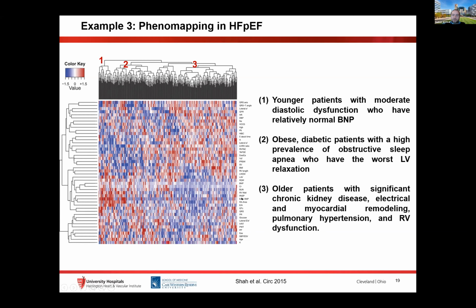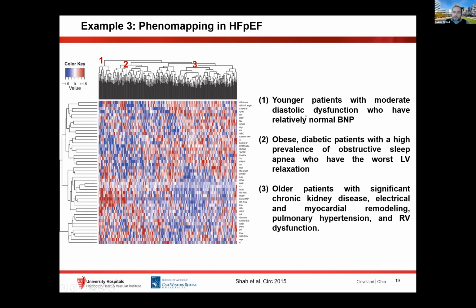So, all lab values, EKG data, and echo data, and they fed it into a clustering technique, which is a method of unsupervised machine learning. You can see that the patients clustered into three different groups: patients within a cluster are related to each other, but different from the other clusters. The heat map shows different signatures or fingerprints for each cluster.